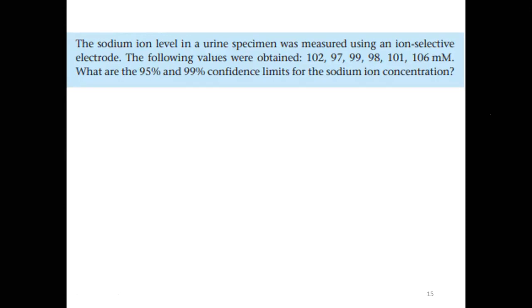And since this is a small sample, we have to use the t-statistics equation. And also n equals 6, and degrees of freedom is n minus 1, that means 5. And we have to calculate the mean value and standard deviation.